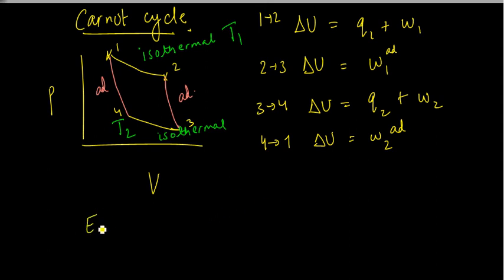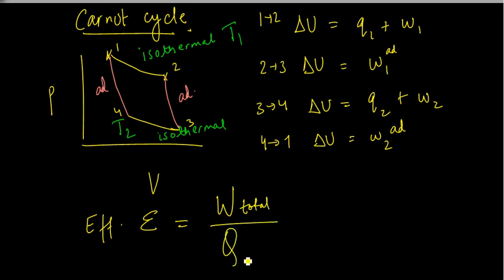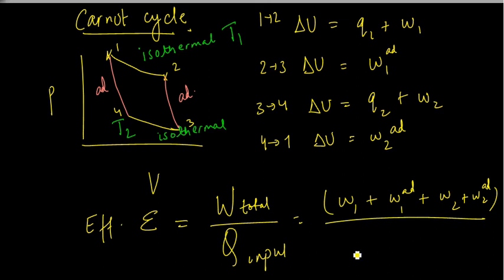So efficiency, which we could define as epsilon, is equal to the total work done by the total heat that is input, which is equal to W1 plus W1 adiabatic plus W2 plus W2 adiabatic, divided by the heat input into the system, just Q1. Q2 goes out of the system, right? Q2 is just a heat loss.